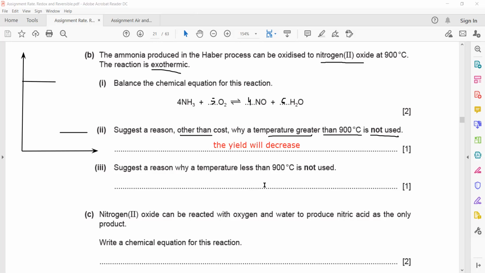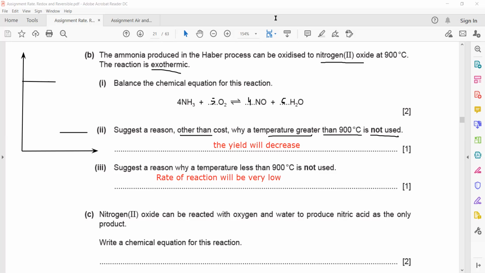Suggest a reason why a temperature less than 900 is not used. Because the temperature increases the rate, so the reason very low temperature is not used is that the reaction rate will be very low, or because some of the reactants are inert at certain temperatures, the reaction only starting at like 400, 500.